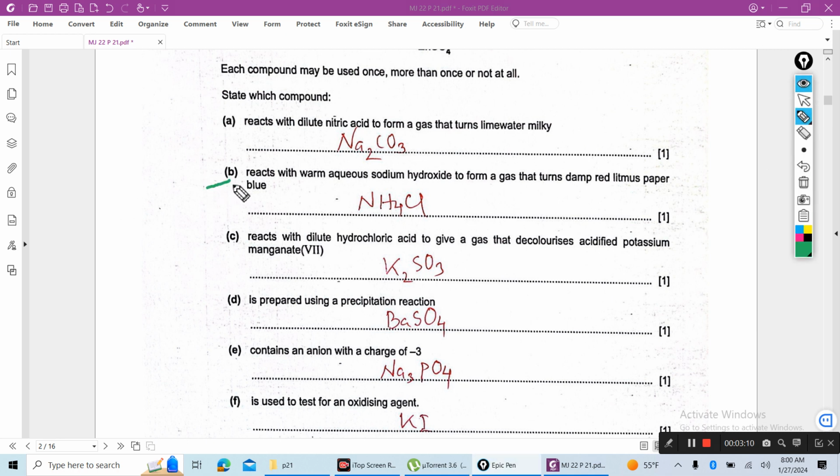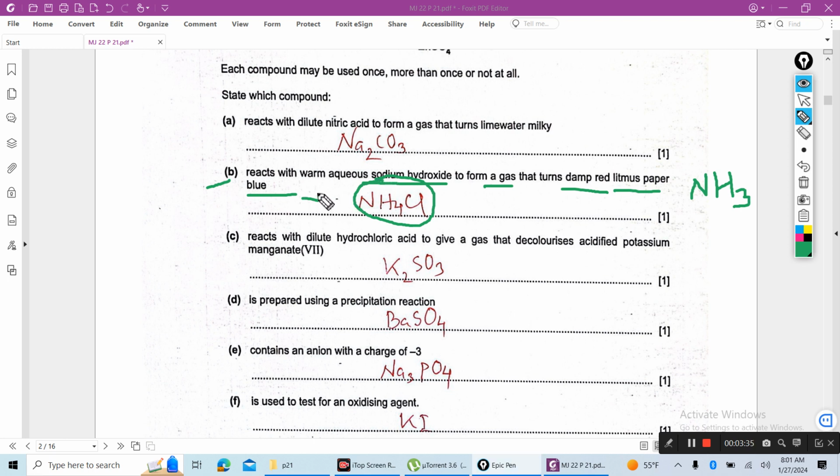B reacts with warm aqueous sodium hydroxide to produce a gas that turns damp red litmus paper blue. You know, ammonia is an alkaline gas and turns damp red litmus paper blue. Ammonium chloride is an ammonium compound.